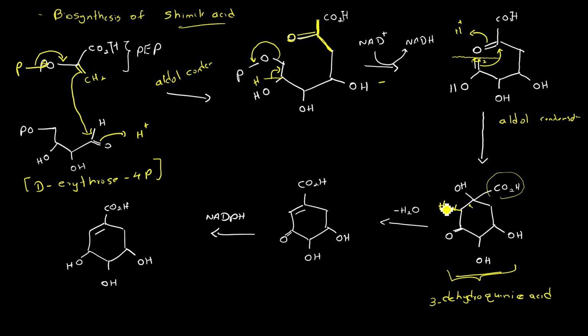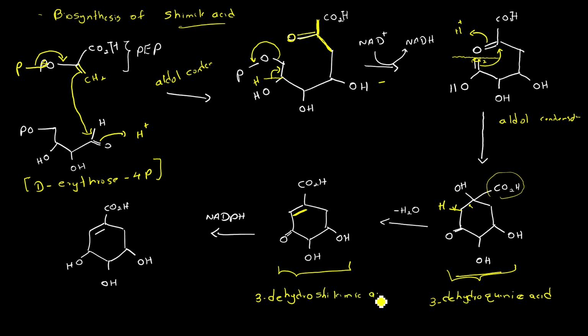It's just the elimination reaction. Because of the leaving of this H2O molecule, we have formed a double bond between these two carbons. So this is a very important molecule: 3-dehydroshikimic acid.